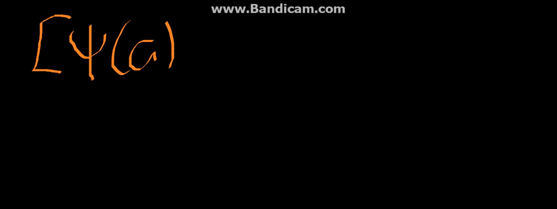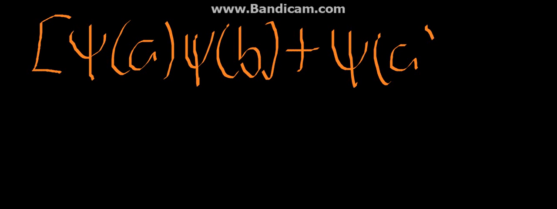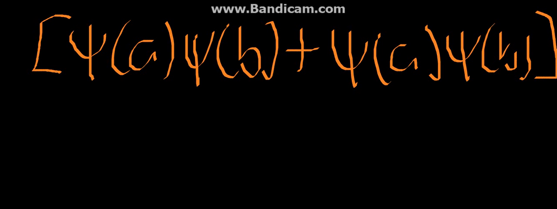I'm going to have brackets. If we have brackets, this is 1 electron, and this is another electron. That's the basic formula for spin-spin interaction.